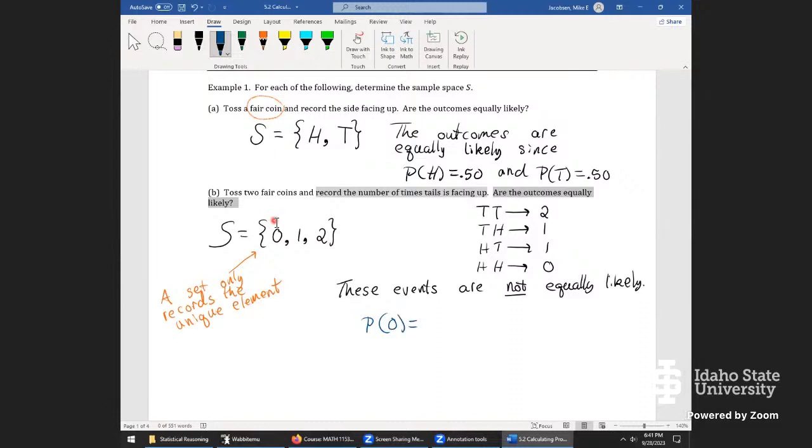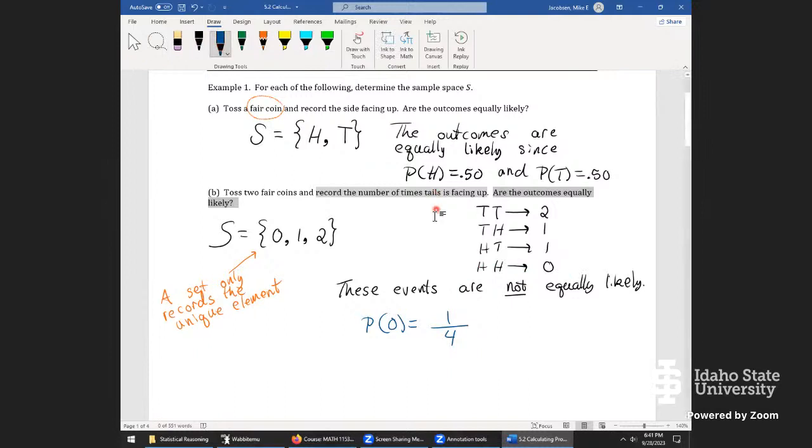We have to count the number of ways you could get a 0. There's only one way: heads and heads. So one goes into that numerator. Then we divide by the total amount of possibilities, which is 4. So getting a 0 happens 1/4 of the time.